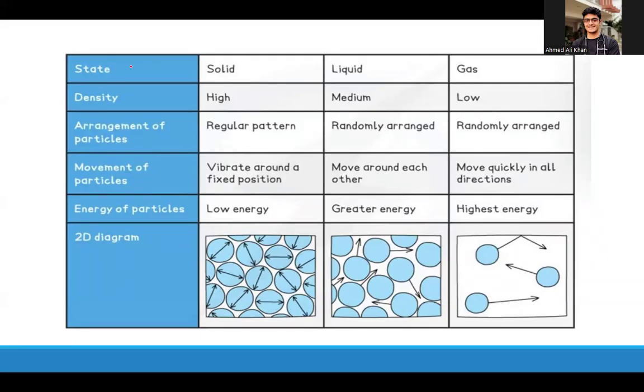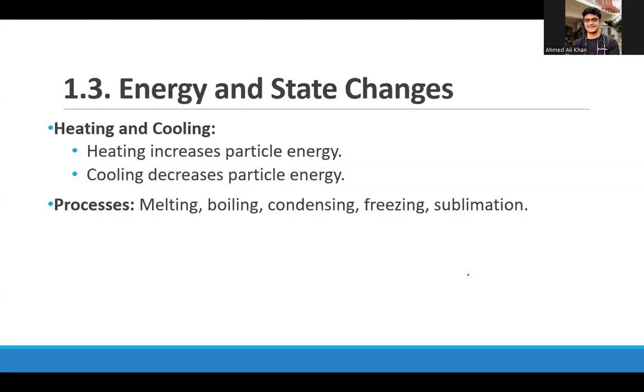You can see that the differentiating parameters between the different states of matter are the density, the arrangement of particles, the movement of particles, and energy, and these are pictorial representations of how molecules or particles behave in different states of matter.